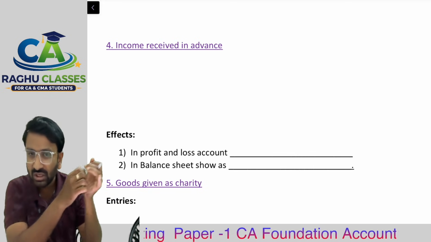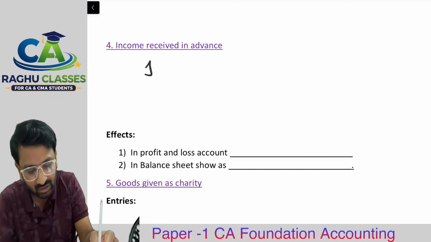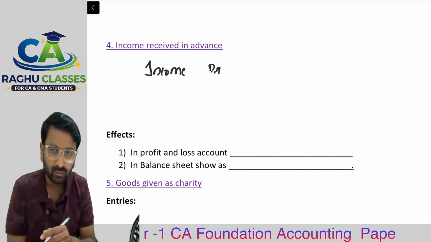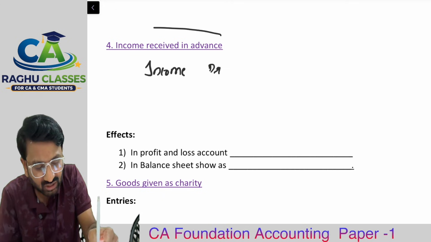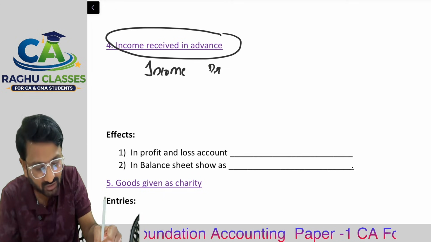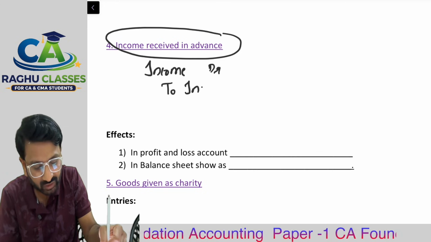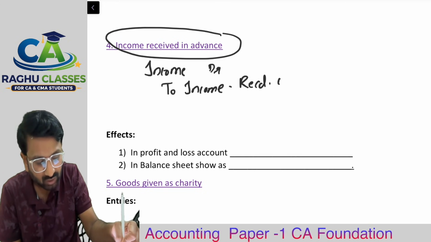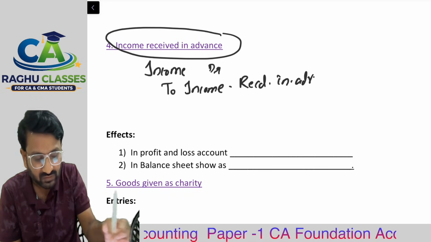And if I'm reducing that from income, my income has to be debited. So I will debit the income account. And if you're receiving anything in advance, it's an obligation for you, which is a liability. And liabilities need to be credited. So the entry is going to be income account debit to income received in advance.